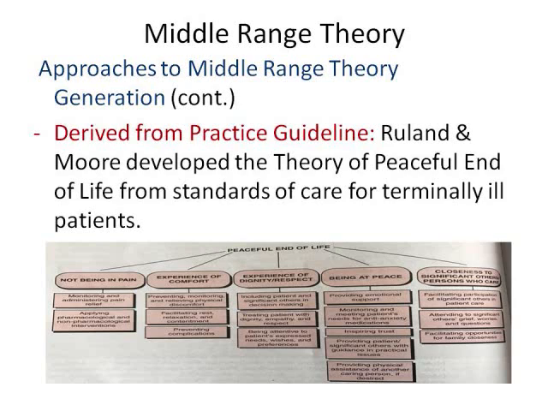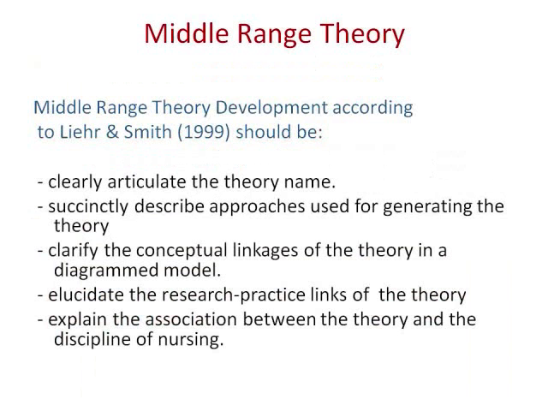And then, derived from practice guidelines. Ruland and Moore developed the theory of peaceful end of life from standards of care for terminally ill patients. Those are your approaches to middle range theory generation.